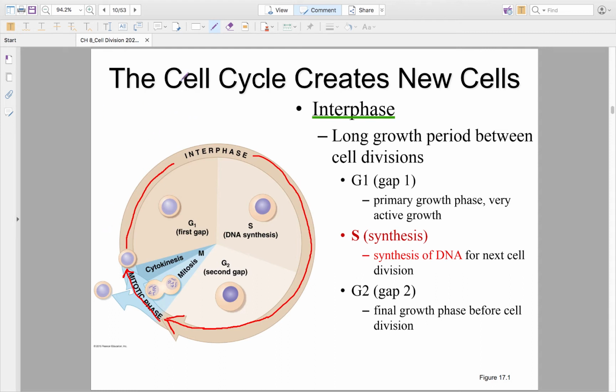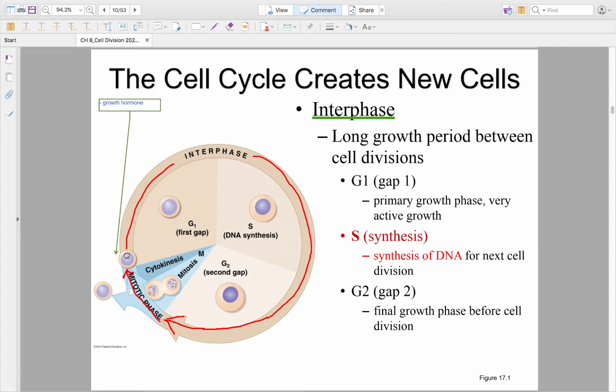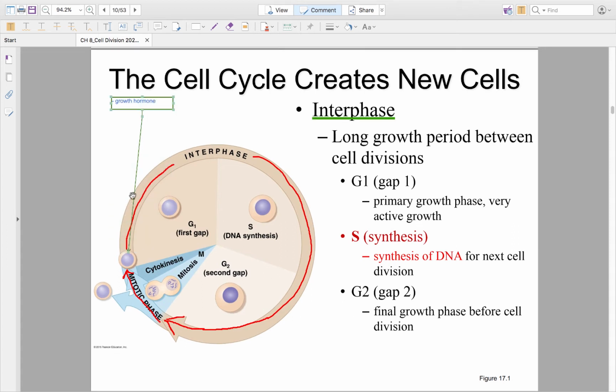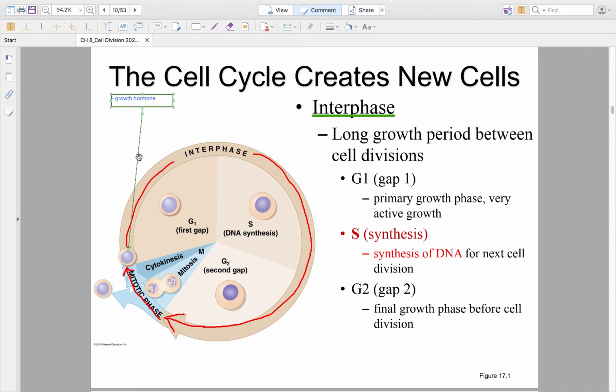First, a cell has to be instructed to enter the cell cycle with growth hormone. Growth hormone does exactly what it sounds like. It is responsible for growth, and that includes cells and their replication process. So growth hormone is released and the cell will enter the cell cycle.